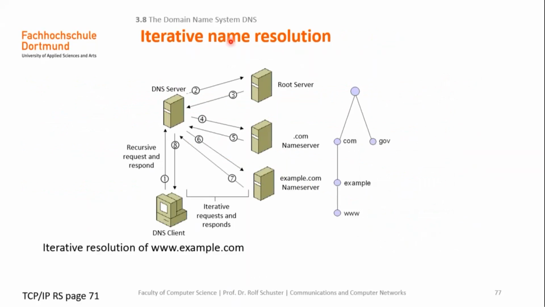This is another illustration that shows how recursive and iterative queries are used in order to obtain, for instance, the IP associated with this FQDN. Then the resolver asks the local DNS server for the information associated with this FQDN.